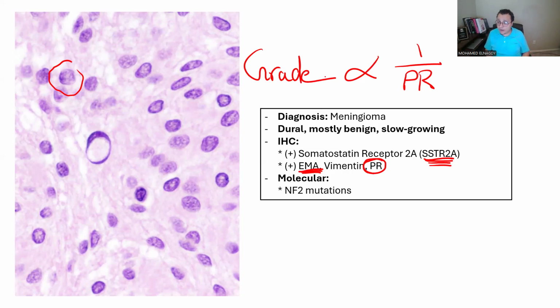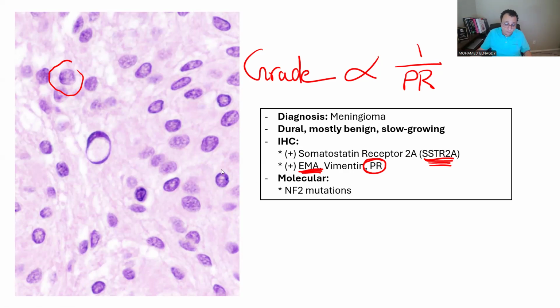Meningioma could be grade 1, grade 2, or grade 3. As the grade increases, the PR expression decreases. Sometimes they use PR immunohistochemistry to confirm that this is a higher grade meningioma, because the PR expression is low.